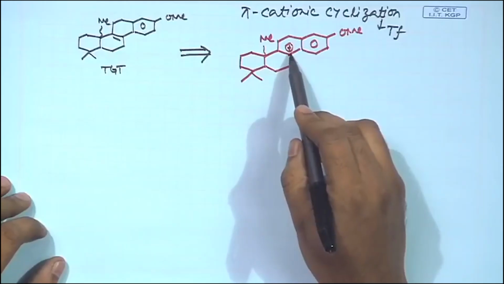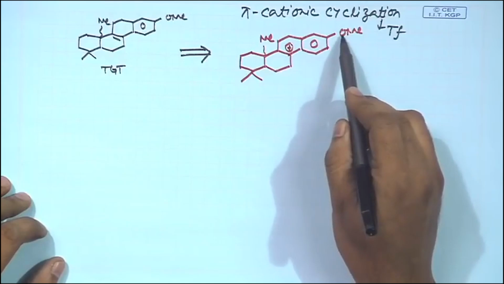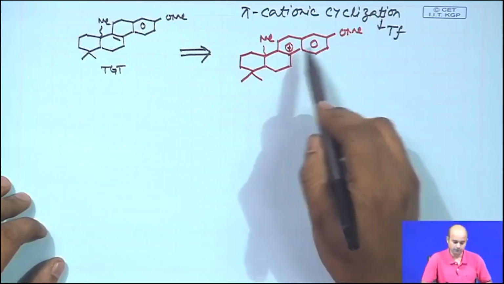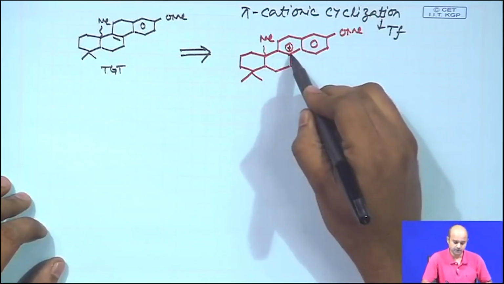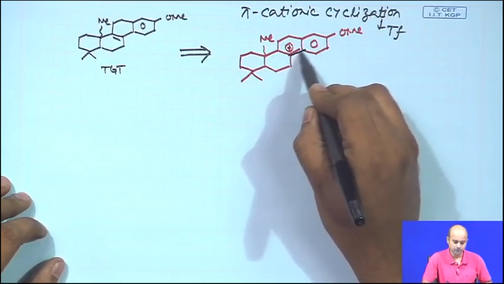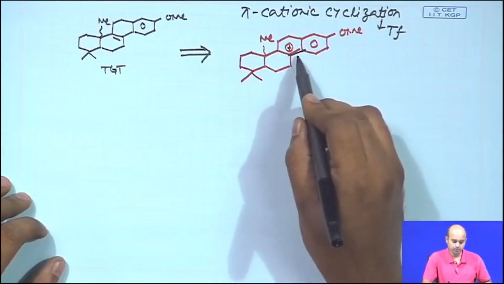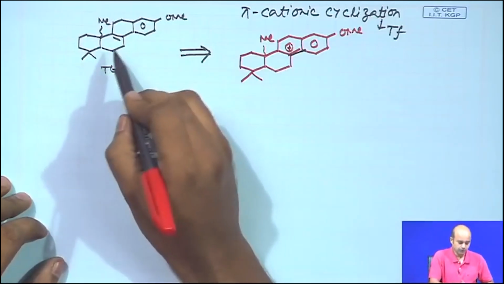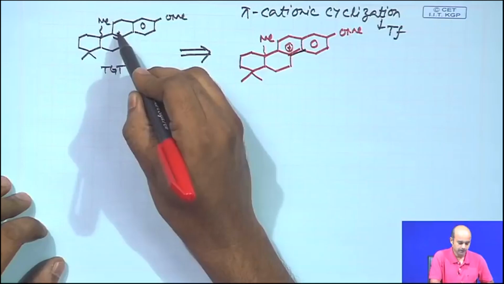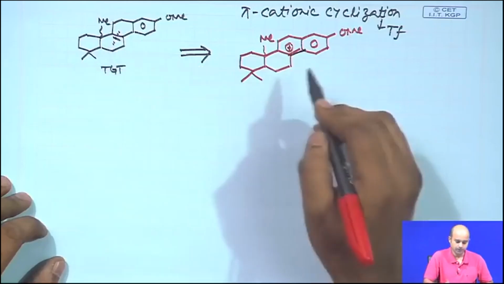Now, this carbocation will normally be formed if you have a para-methoxy benzyl cation. This carbocation is normally stabilized by this OMe group. So, first retro, we are making this double bond.